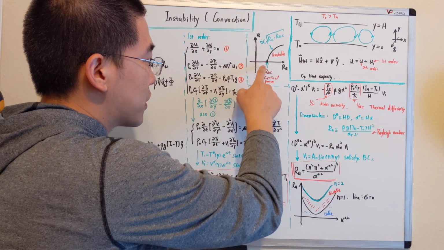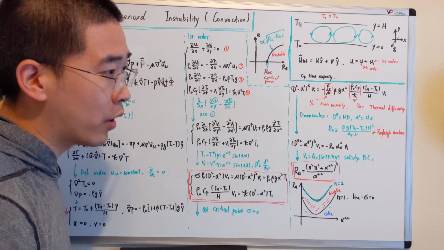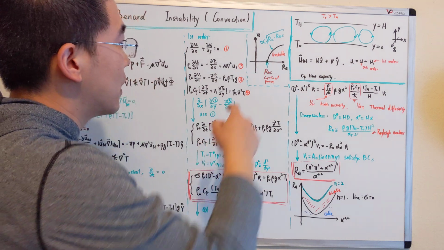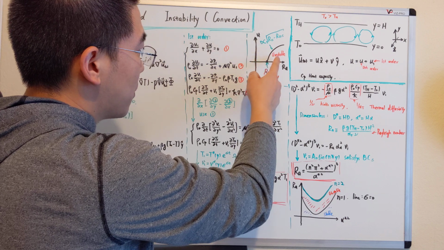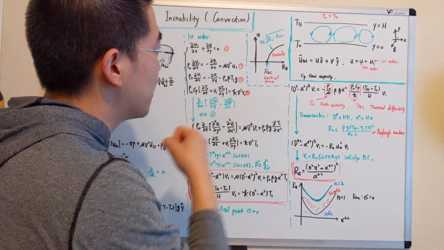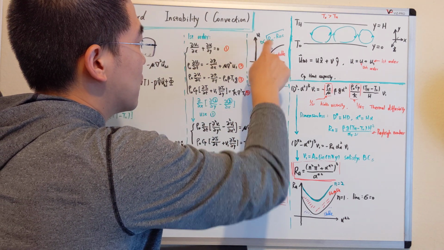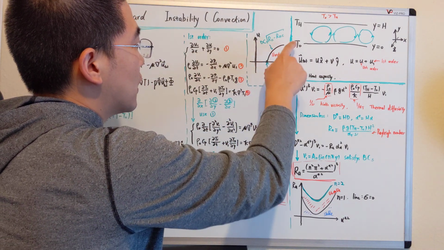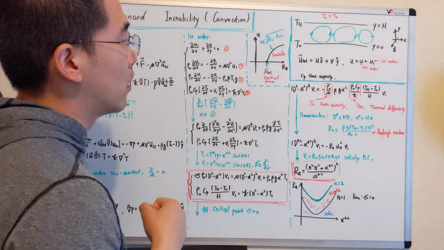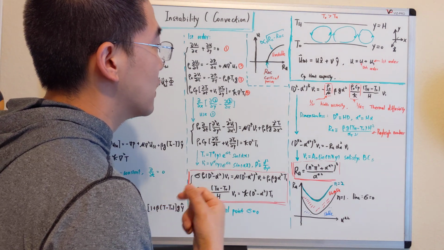Once it surpasses Ra_c, the critical point, it will start to become unstable. This line scales as the square root of Ra minus Ra_c.